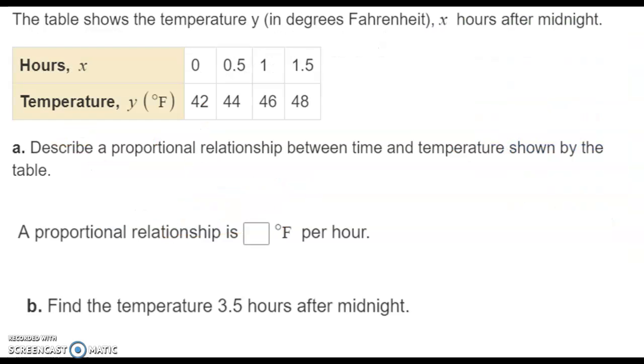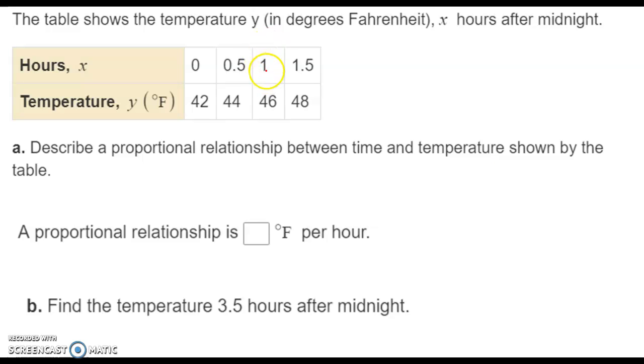Okay, and the last one. The table shows the temperature Y in degrees Fahrenheit, X hours after midnight. Describe a proportional relationship between time and temperature shown by the table. So if we look at this, we have to find basically how much does it increase per hour?